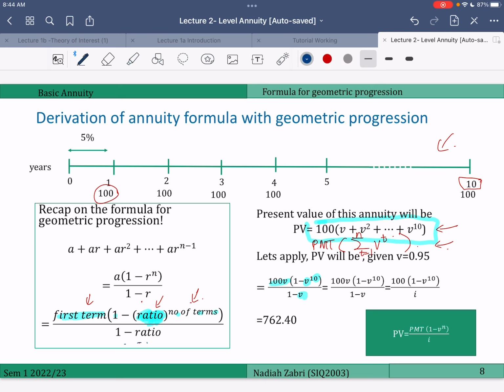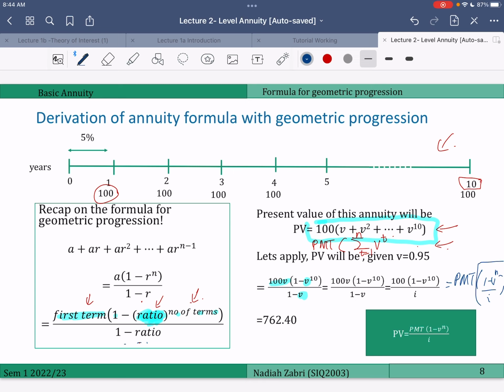Once you get the formula, you can simplify. So 1 minus v, you know what is 1 minus v? It is d, right? Or d, you can also write it as i over 1 plus i. Okay, so you cancel this 1 plus i and this 1 plus i, because 1 plus i times v is 1. When you cancel that, you are left with 100 times 1 minus v to the power of 10 over i. Or you can also write it as 100, the payment, times 1 minus v to the power of n over i.